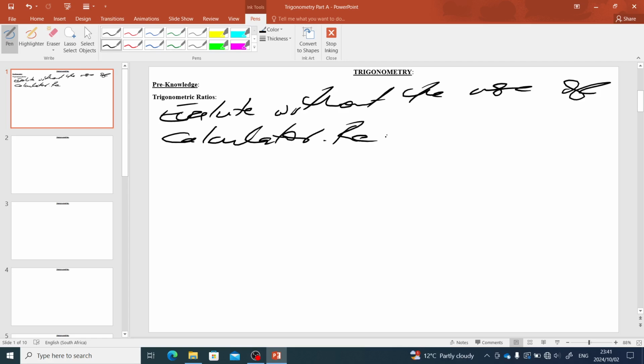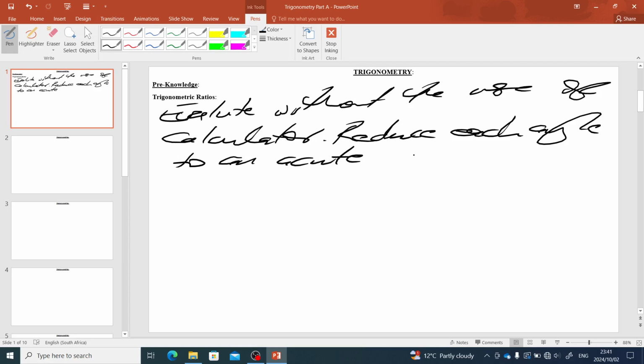They want us to reduce each angle to an acute angle and use special angles.